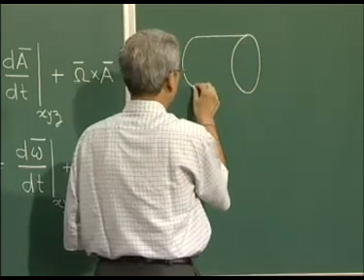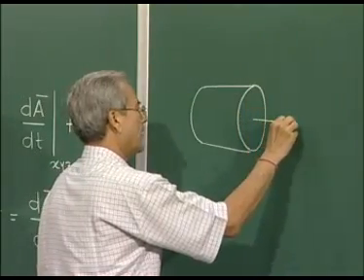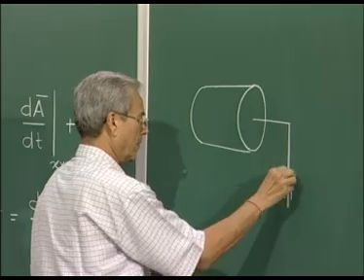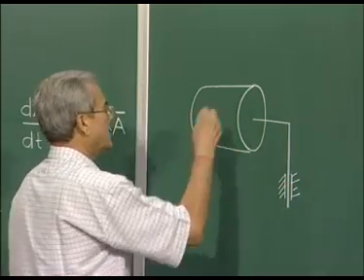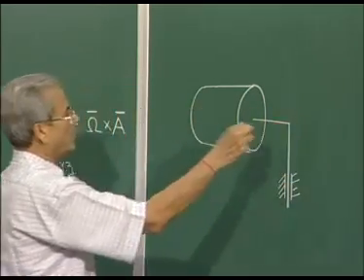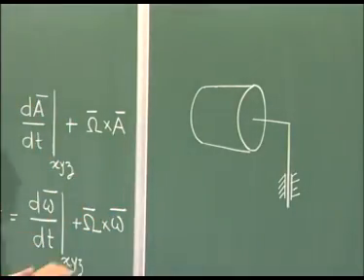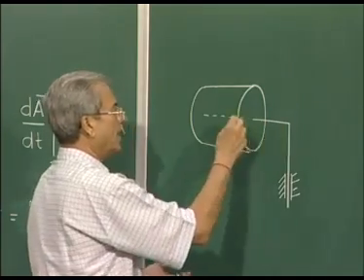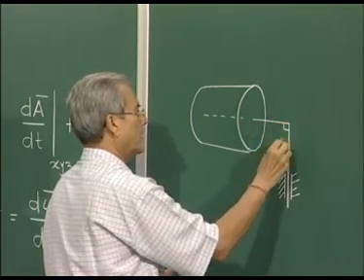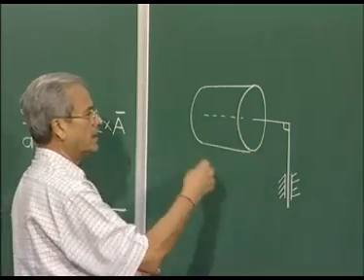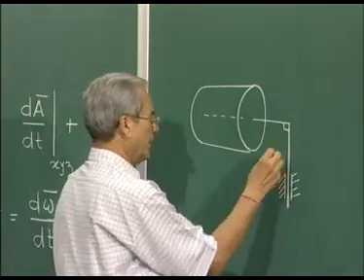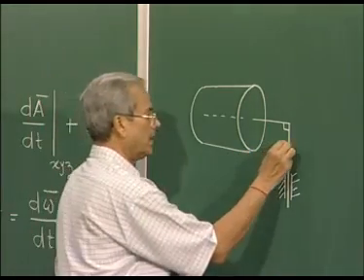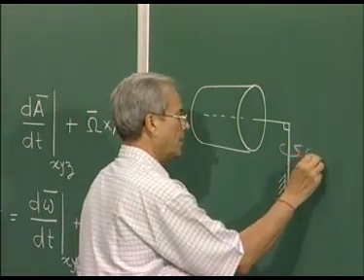Let us take this cylinder that is mounted on a shaft, and the shaft is again mounted horizontally, in this case on a vertical shaft, which is rotating with an angular velocity omega 2.